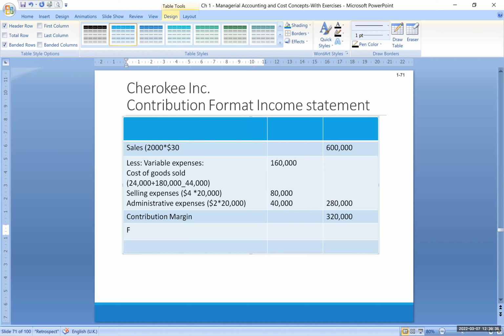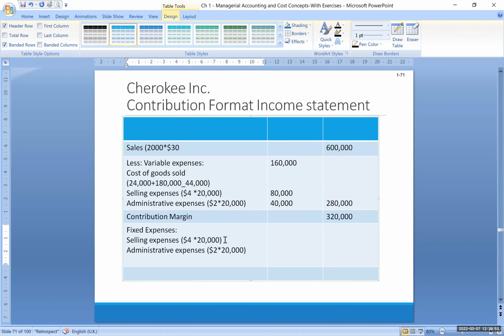After the contribution margin, we need to list all fixed costs. So we have another title, fixed costs or expenses: the selling expenses and the administrative expenses, but we pick only the fixed parts. The selling expenses from the question were $40,000, and the administrative expenses were $30,000.